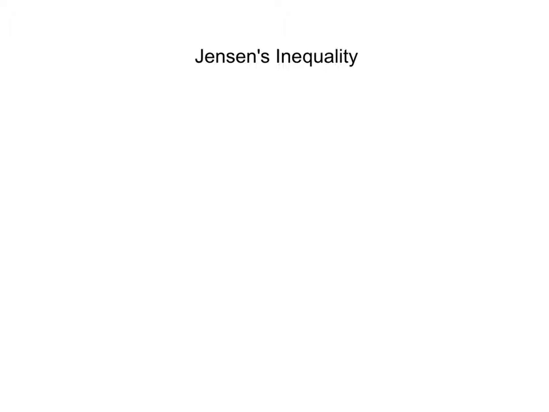Now in continuous form, using a continuous variable, we can restate this result as Jensen's inequality. So if you consider the following, given a cumulative distribution function, which is as follows.